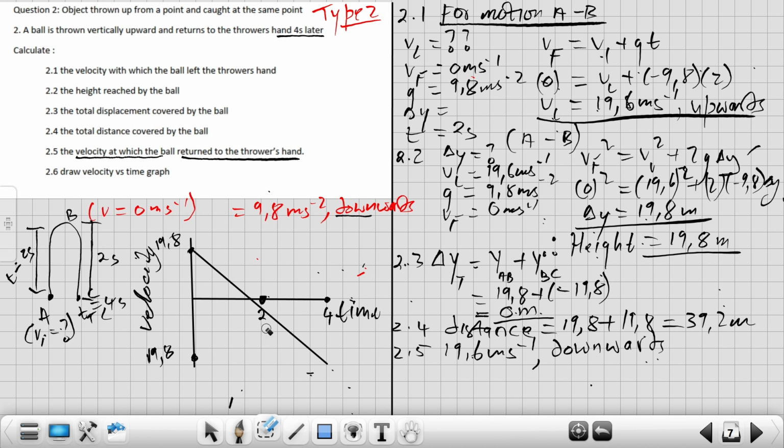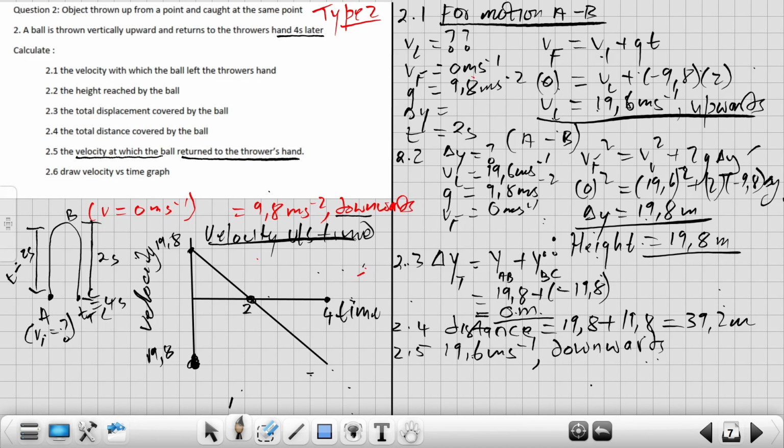Then let me just correct this, and then I have my 2 seconds here, and this here will be my 19.8. So this will be my velocity versus time.